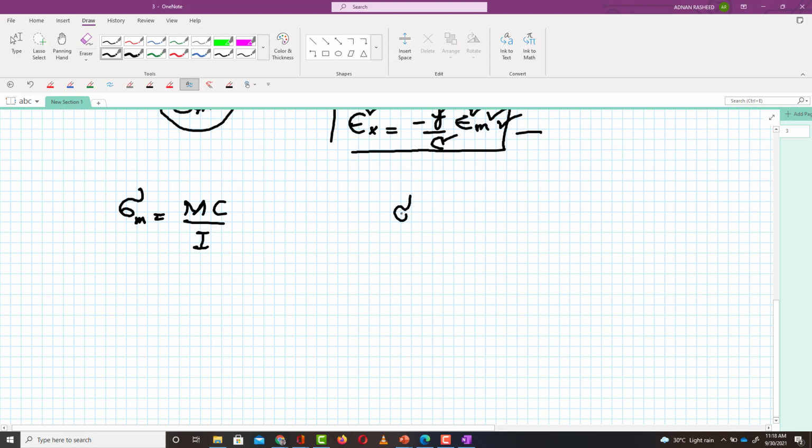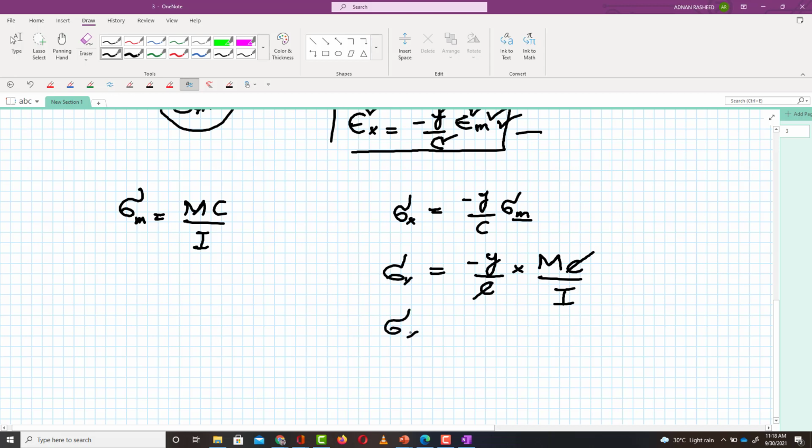And sigma x is equal to minus y over c into sigma m. So you have to put the value of sigma m over here, so minus y over c into Mc over I. So c and c will cancel. So sigma x comes out to be minus M into y divided by I.